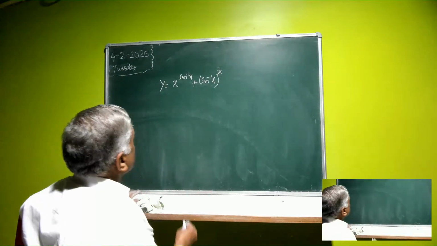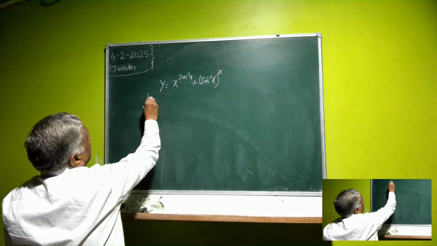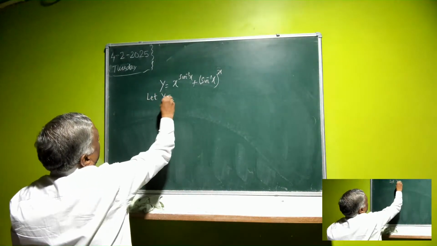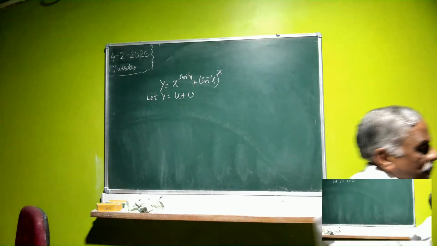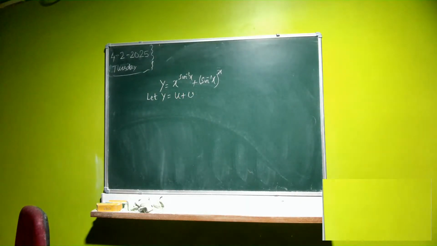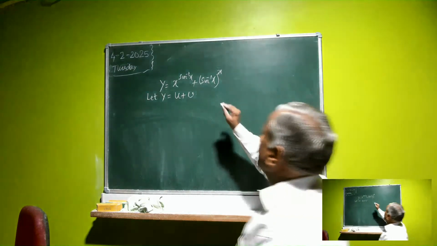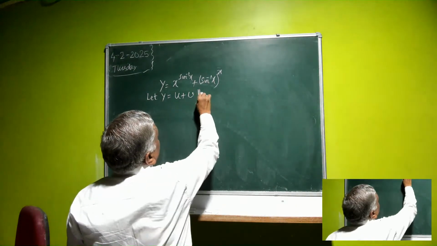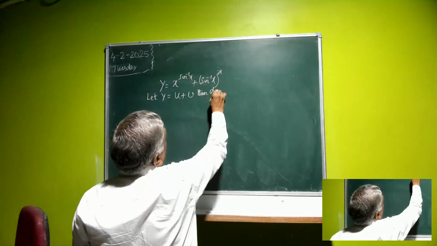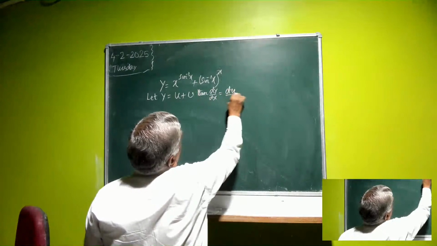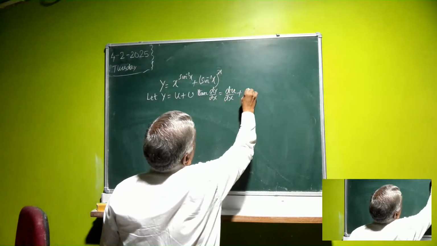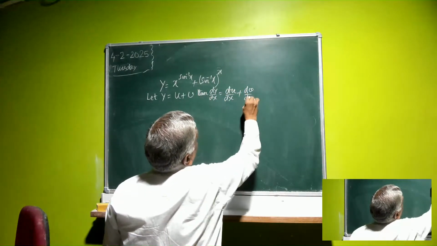The first step here is let y is equal to u plus v. Then dy by dx is equal to du by dx plus dv by dx.